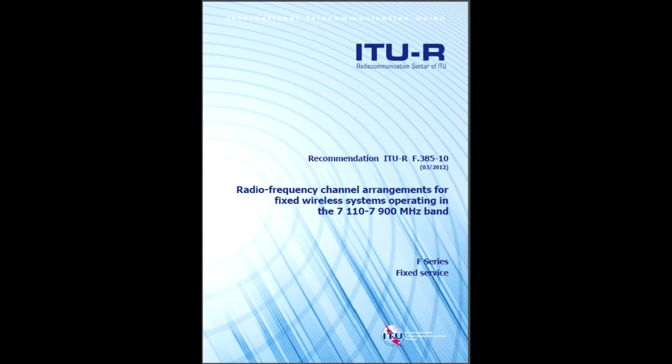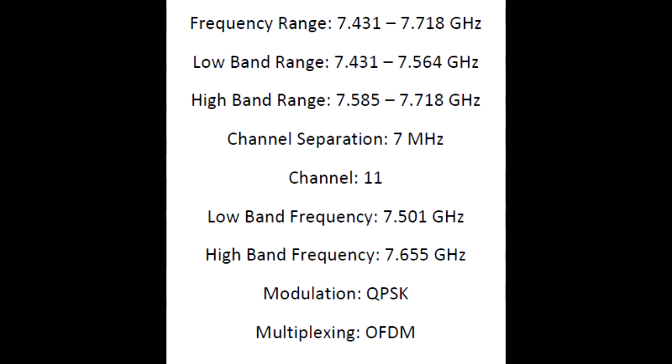This example is based on the first annex of the ITU-R recommendation mentioned. The example shows that the channel separation of 7 MHz is selected with 11 channels. The formula in the recommendation was used to get the low and high band frequency range.